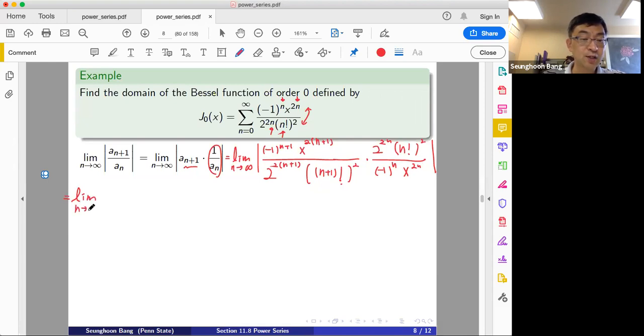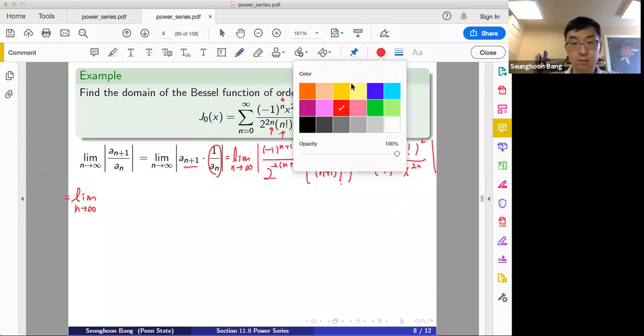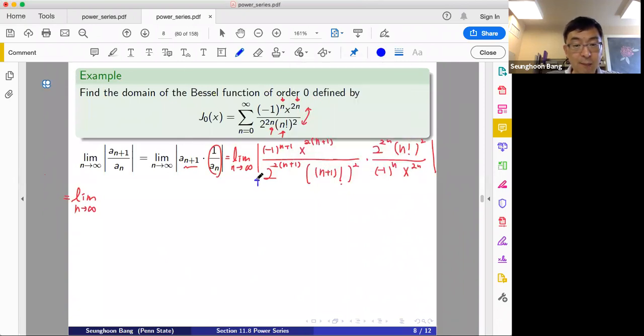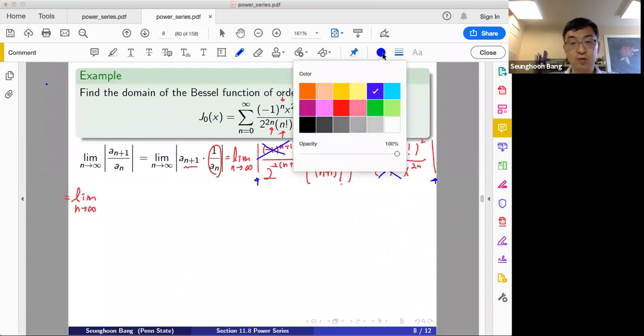As n approaches positive infinity, you have to simplify. How can you simplify this? The first one is the absolute value, which means always make it positive, so you don't need the (-1)^n terms. Next, expand more.